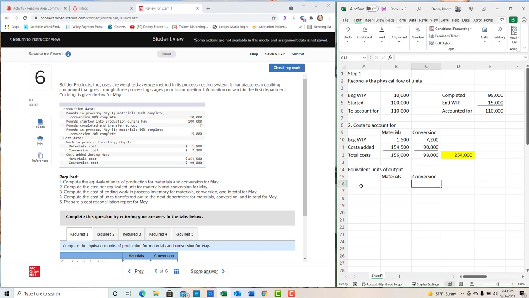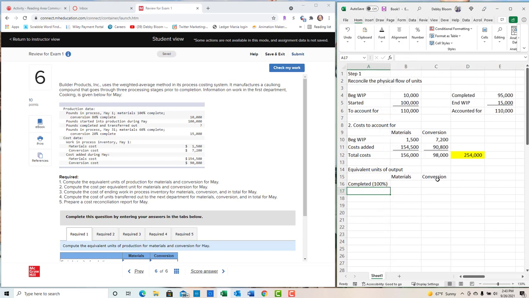First we start with the units completed. Units completed are really nice because they're 100%. So I multiply 95,000 by 100% for materials, and 95,000 by 100% for conversion. Our units completed represent 95,000 full and complete units.